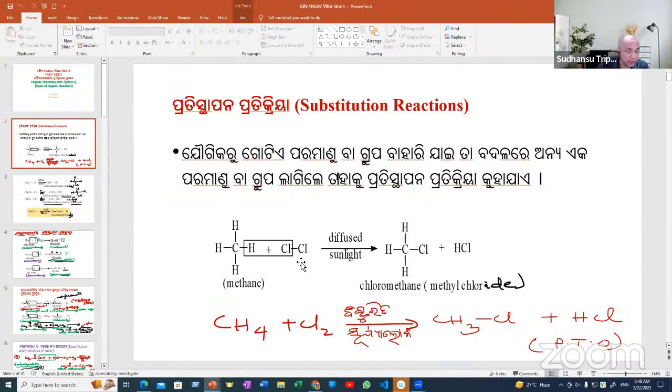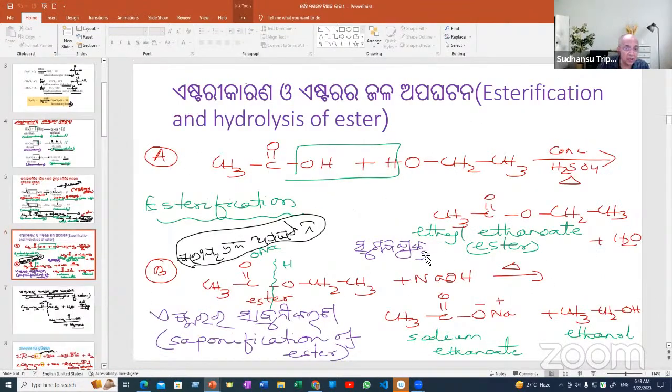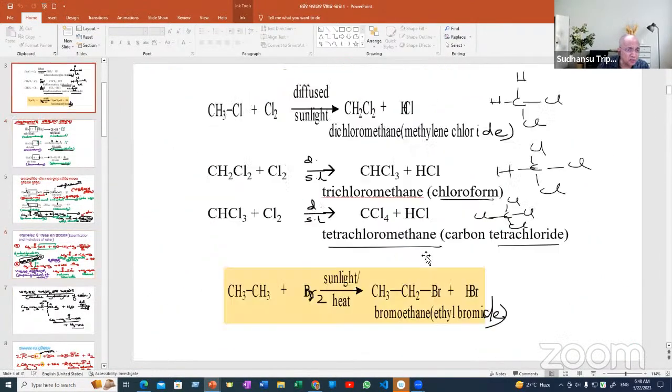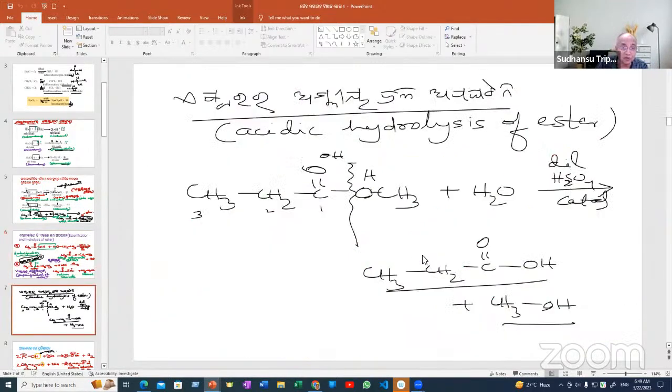Supposing with methane, chlorine will be substituting hydrogen. It will be methyl chloride or chloromethane. We'll be doing a lot of substitution reactions, a lot of examples. And I have taken all from your book, and apart from that, I have put many other examples.